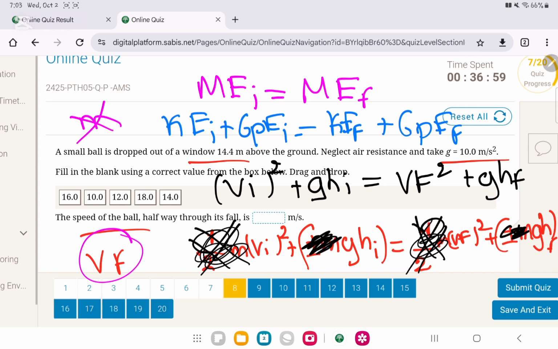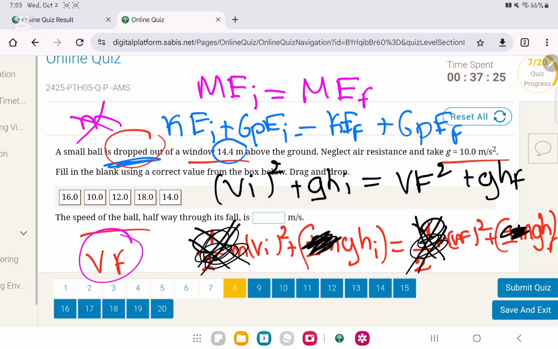By reading, we have a small ball dropped out of a window above the ground. So before it was dropped, the height initial was 14.4 meters. Before it was dropped, we had it in our hand.